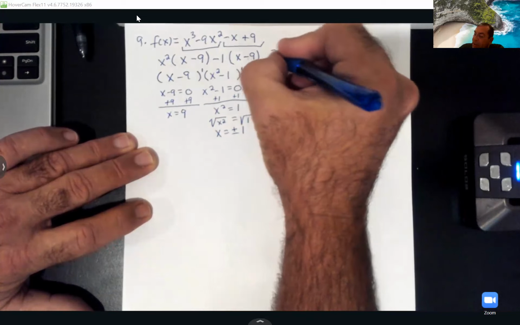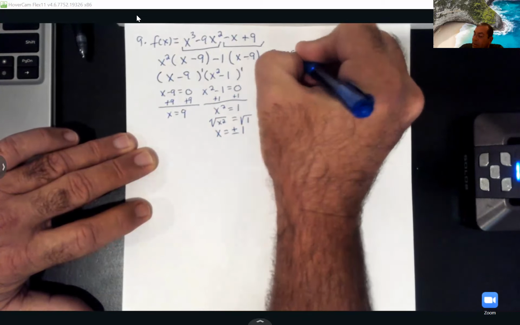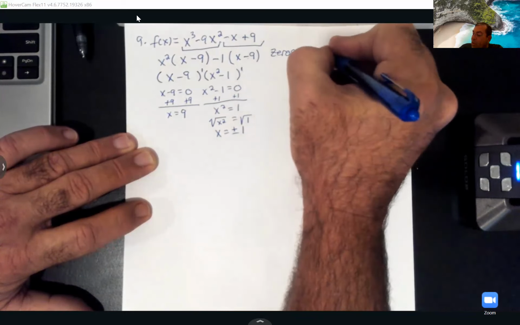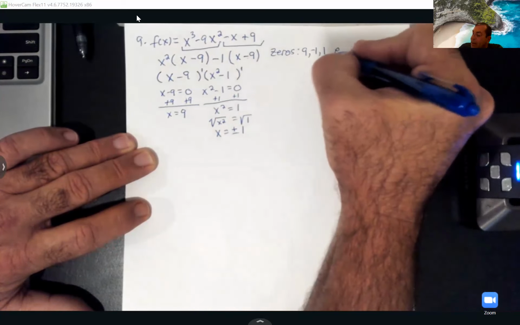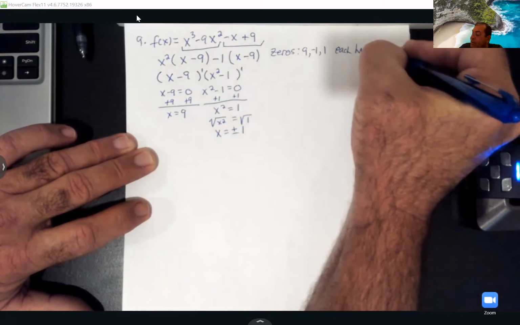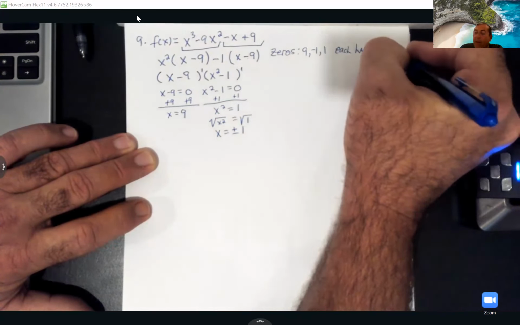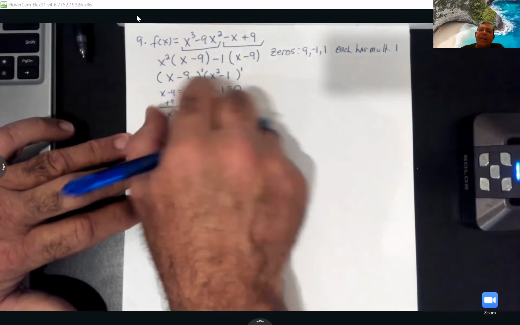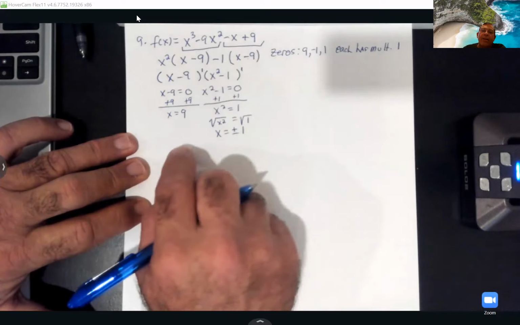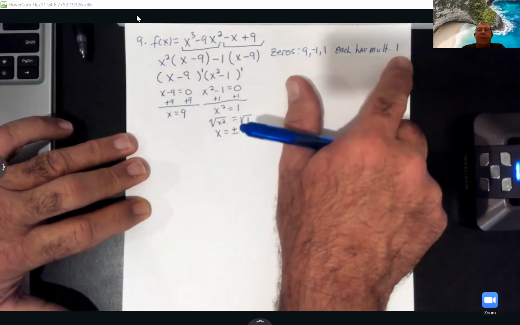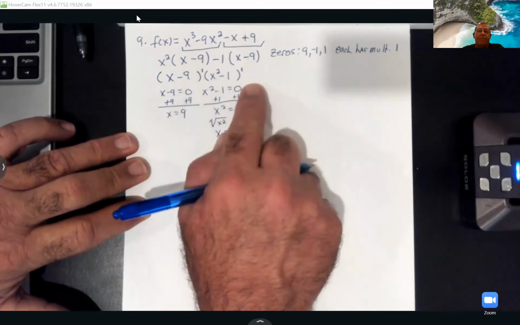So y'all, my zeros are going to be 9, negative 1, 1. Each has a multiplicity of 1. So on the two problems, 9 and 10, where you got to do this, you're going to get 3 zeros, and they're always going to have multiplicity of 1 on this question, okay?